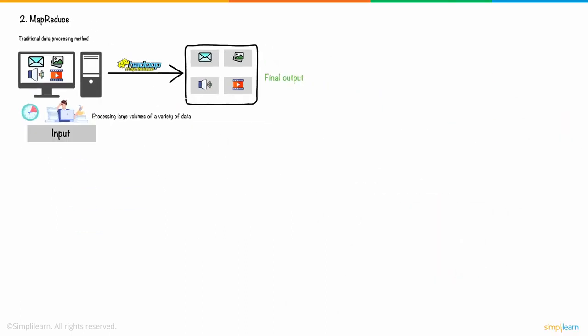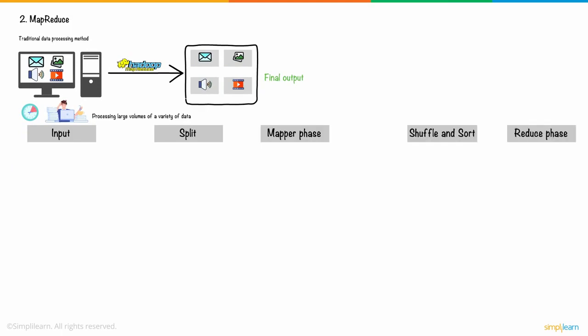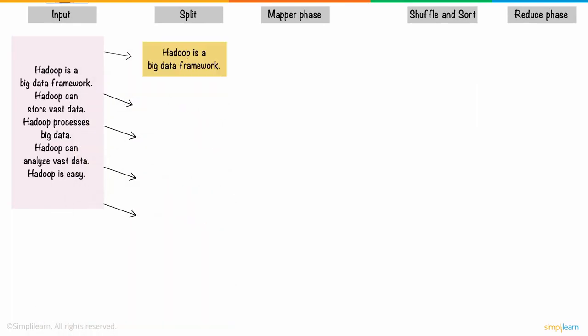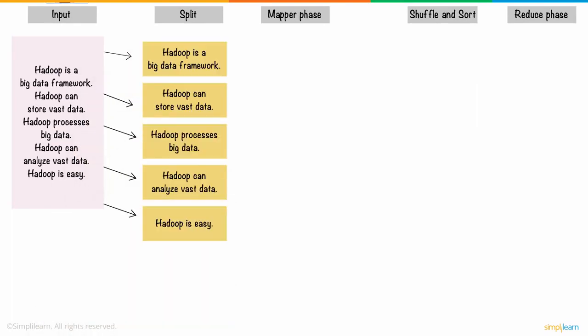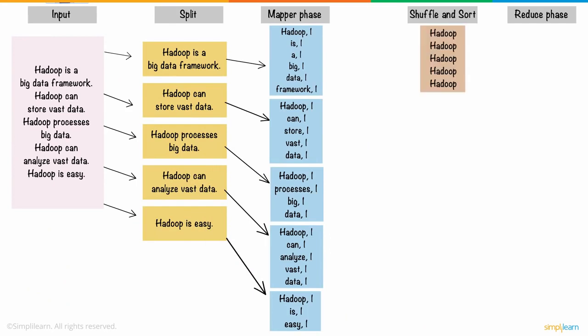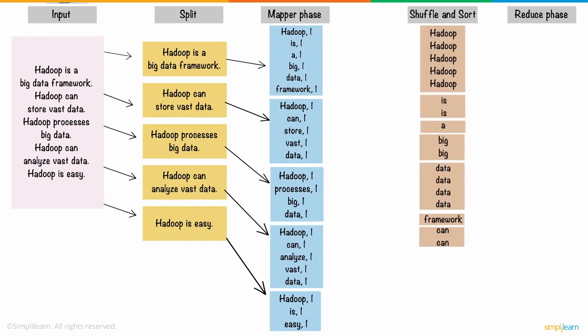Let's try to count the number of occurrences of words taking this example. First, the input is split into 5 separate parts based on full stops. The next step is the mapper phase, where the occurrence of each word is counted and allocated a number. After that, depending on the words, similar words are shuffled, sorted, and grouped.